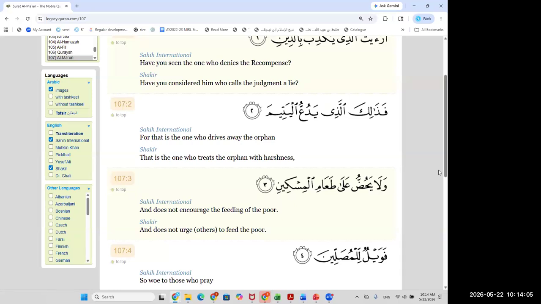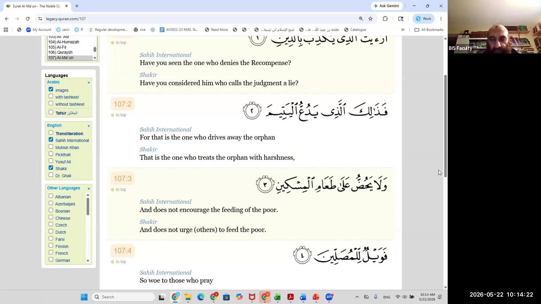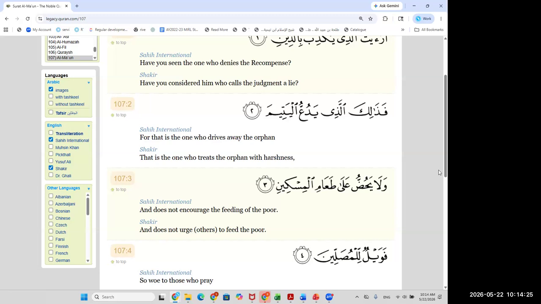So we're saying wa is harf atif, and the la is حرف نفي. And then we have a جملة فعلية: يحض على طعام المسكين. So this is فعل مضارع, and the implied فاعل is هو, and there's no مفعول به.